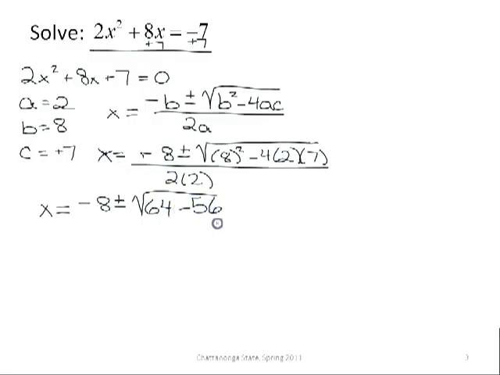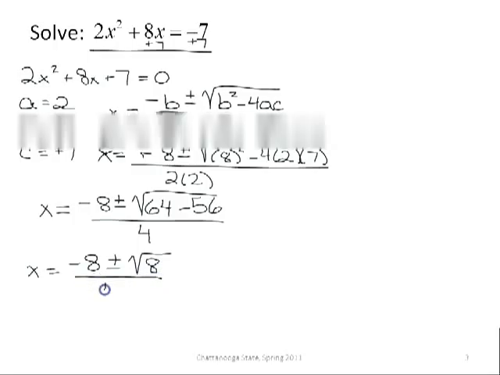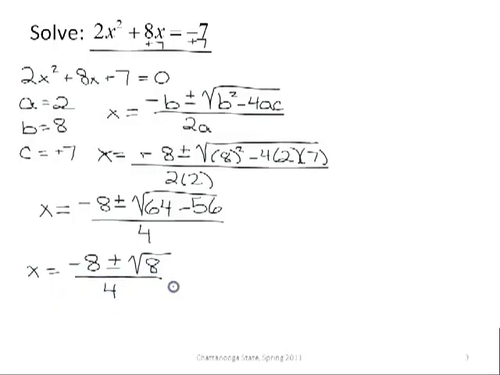So I have minus 56 all over 4. So this becomes -8 plus or minus the square root of 64 minus 56, which is 8. Now, I've done the arithmetic in this part of the answer.